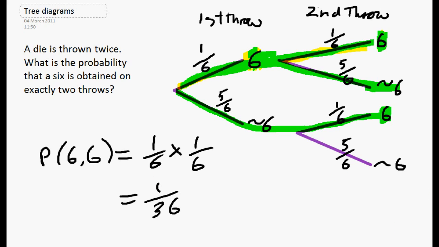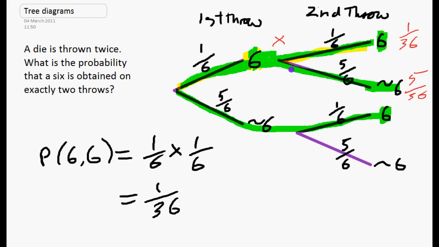So let's just do the working for that. 1/6 times 1/6 we've already worked out to be 1/36. It's quite good to write the probabilities down at the end here. 1/6 times 5/6, because once we have that 1/6, 5/6 of the time we get this no 6, and therefore 1/6 times 5/6 gives me 5/36.